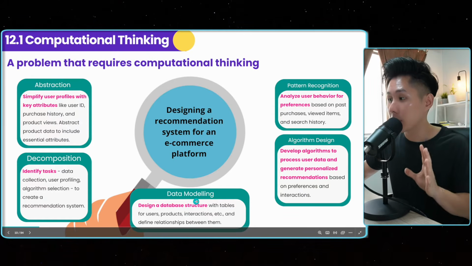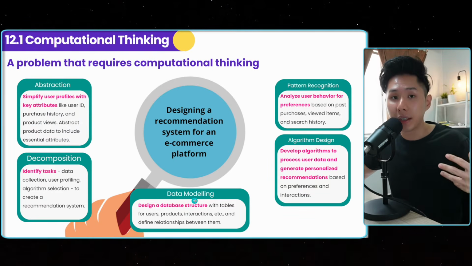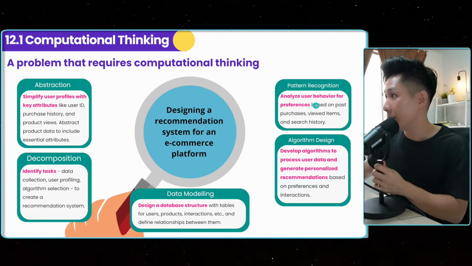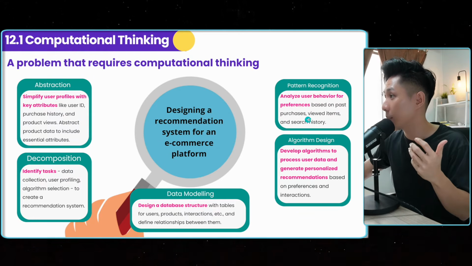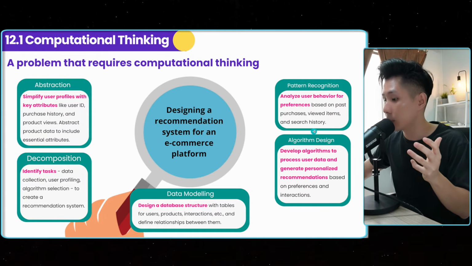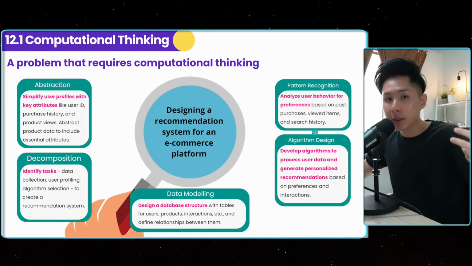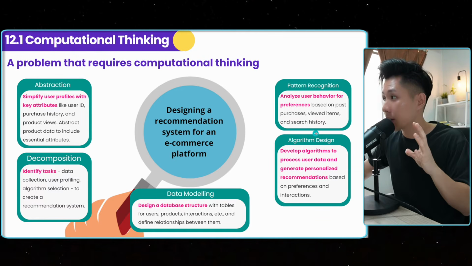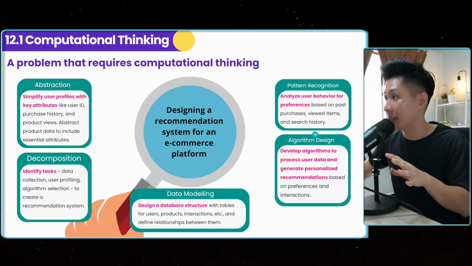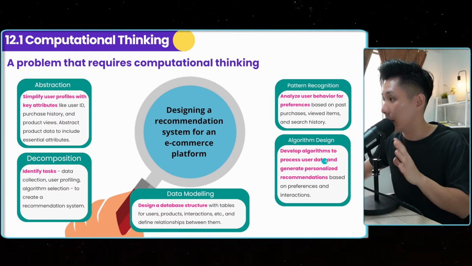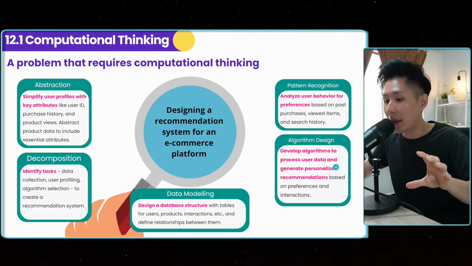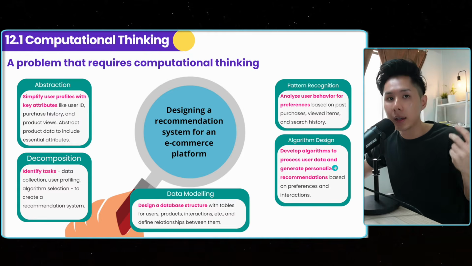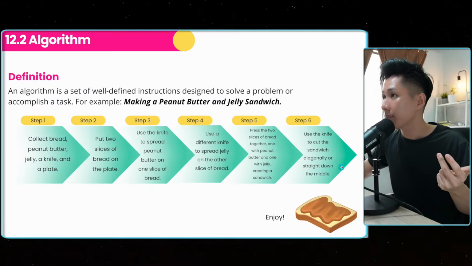What structure do they use to store all the data they want to collect? Pattern recognition, analyze user behavior for preferences based on past purchases, viewed items, and search history. And by using pattern recognition, a lot of the recommendations can be done. Algorithmic design, develop an algorithm to process user data, which is like a pipeline. Where do you collect data and how do you use it to recommend products?